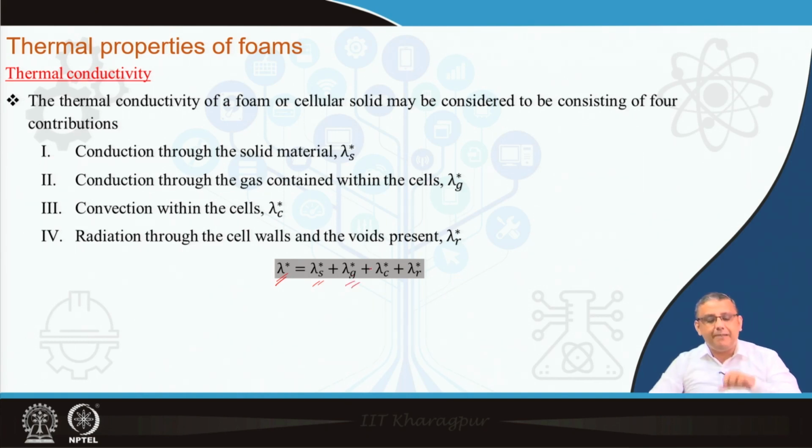The third term, lambda C star, is the convection of the gas through the cells, and the last term, lambda R star, is due to radiation through the cell walls and the voids present. In total, these terms control the conductivity of foams or cellular materials.